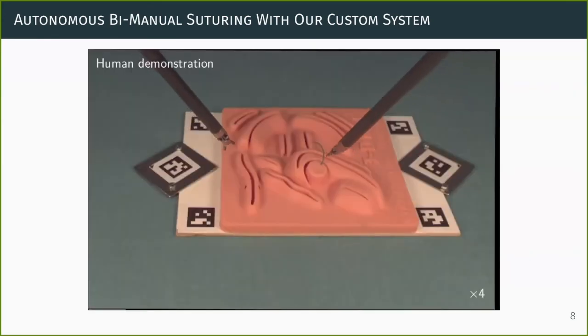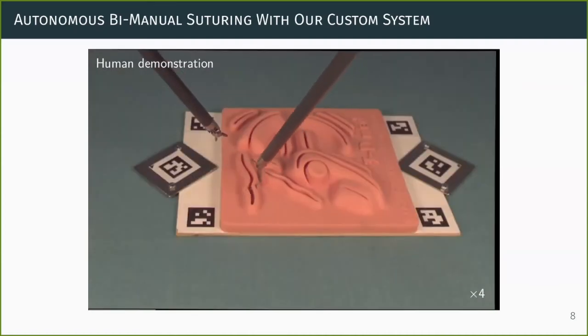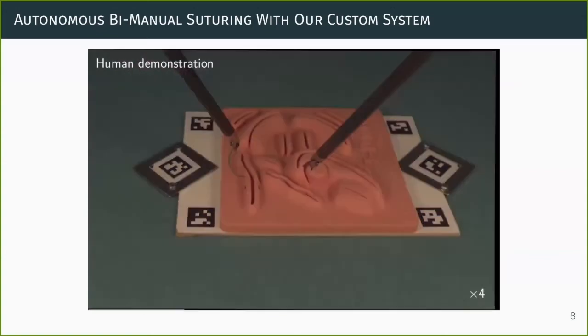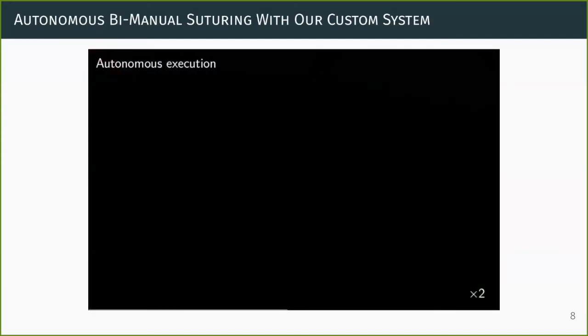So this was system overview. This is demonstration data recorded with the same platform. And then subsequent autonomous execution of that task, where we generalize the task to differing initial conditions.